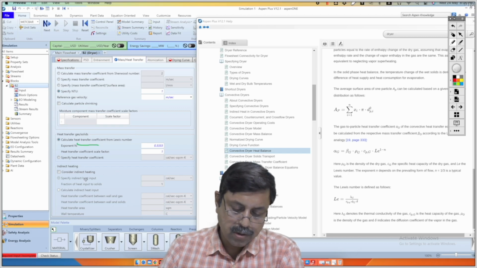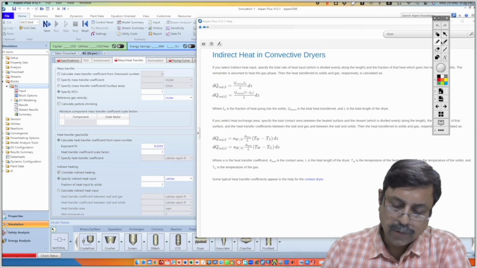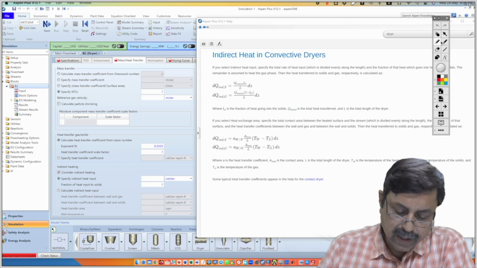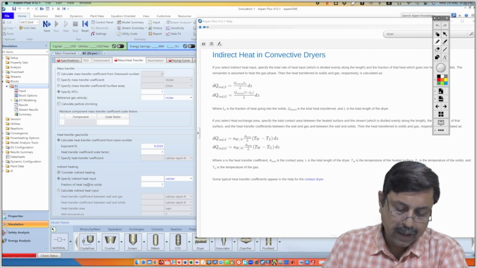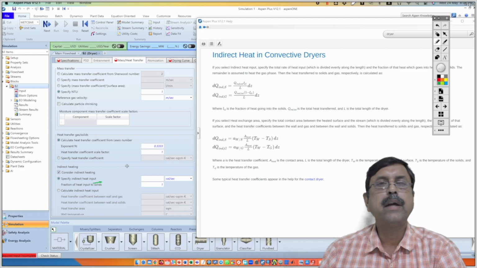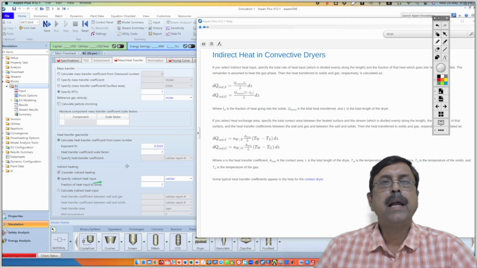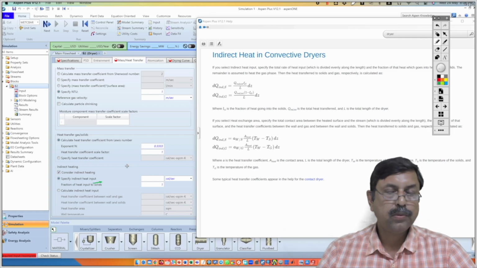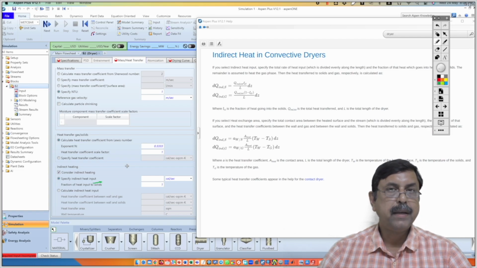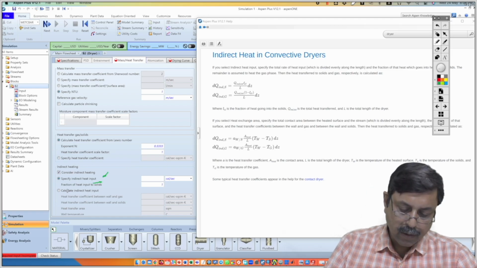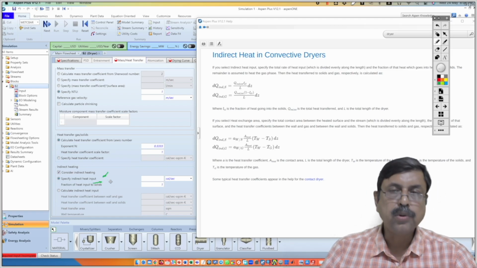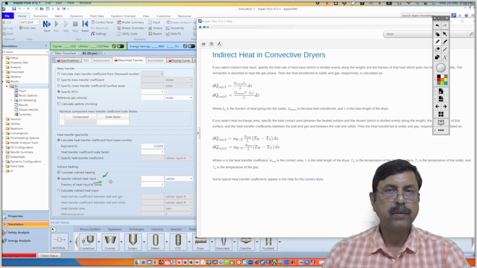And then about indirect heating. So this is about indirect heating in a convective dryer. Here also you can directly specify the heat input. You can say that I will supply 50 kilowatts of heat in addition to the heat or enthalpy that is carried by the heated gas. And you can say what fraction of that heat input is going into the solid.